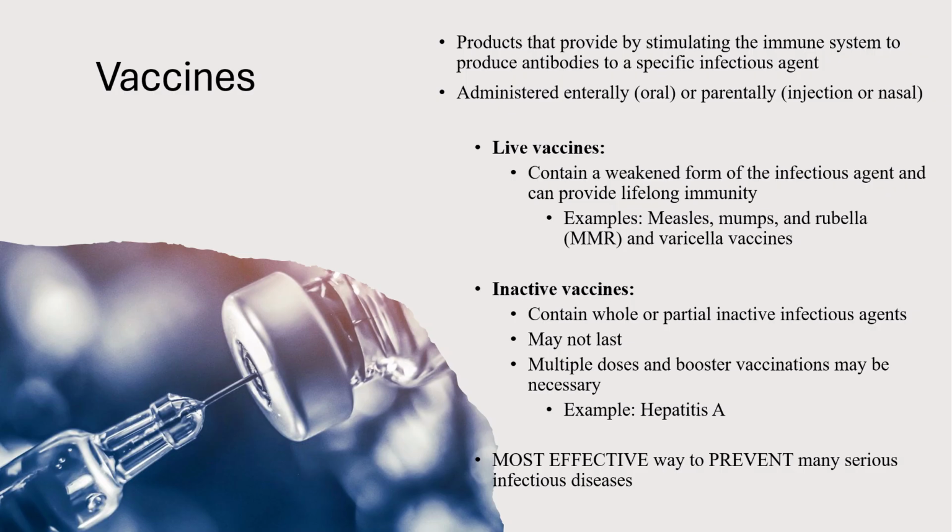The live vaccine contains a weakened form of the infectious agent. So this is actually the infectious agent, but it's weakened. Now the good part of this is that when it's injected or placed into the host, the body produces the antibodies for that particular infectious agent, such as the measles, the mumps, or the rubella, the MMR.